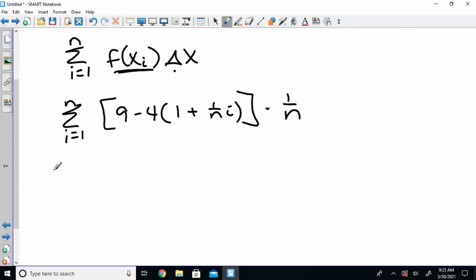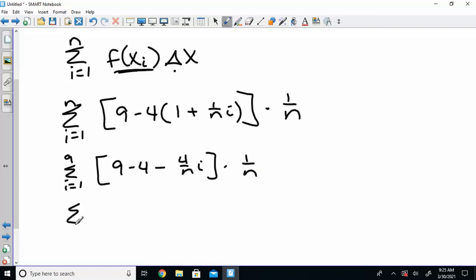Let's clean this up a bit. So that gives me a 9 minus 4 over n times I. Minus 4 is 5. Distribute my 1 over n.